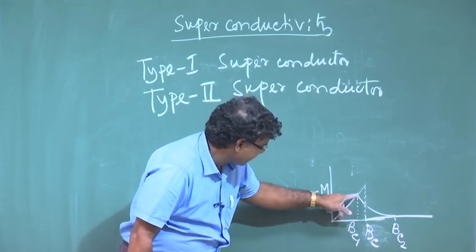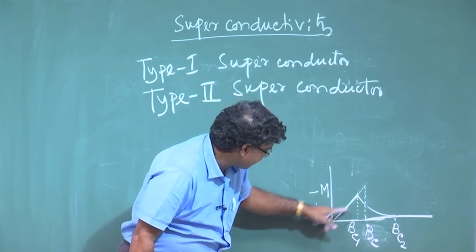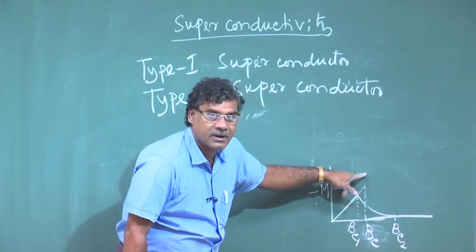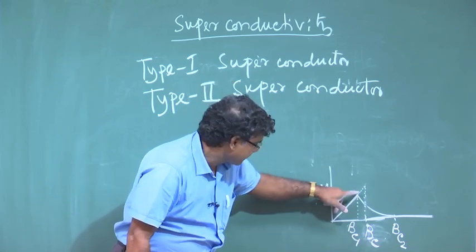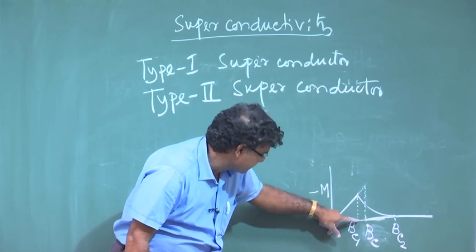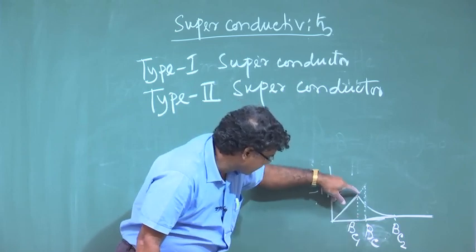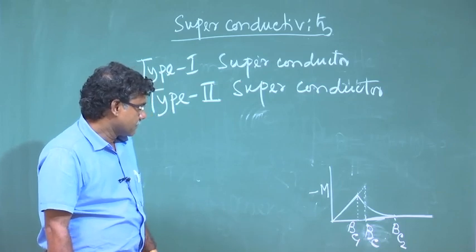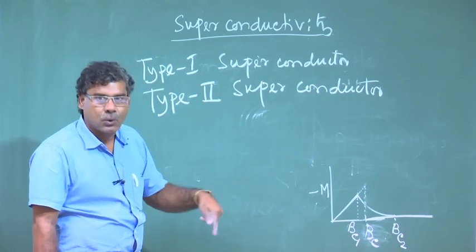It follows the type 1 superconductor curve, but here instead of coming to 0, it is decreasing slowly.